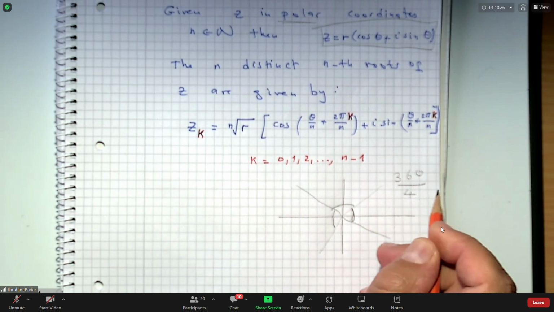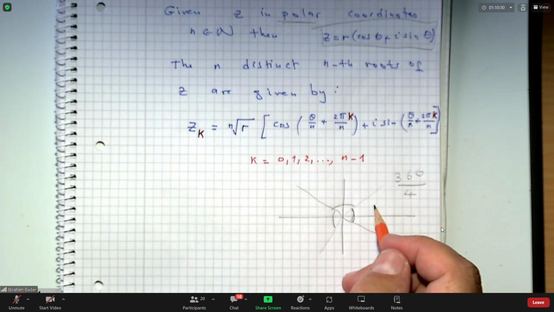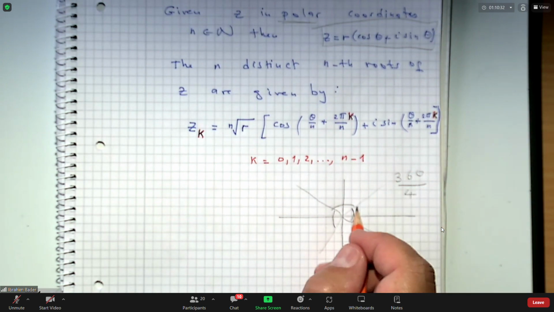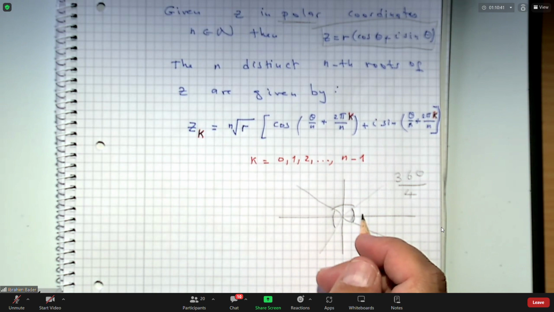For instance, if I have the fourth roots, I will be having 90 degrees. That means if I'm plotting the roots, they are evenly distributed. They are evenly away from each other. Okay, this is an important note.